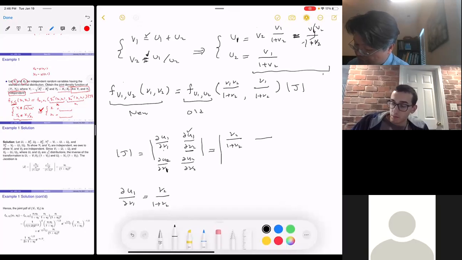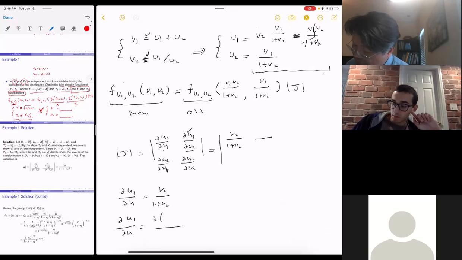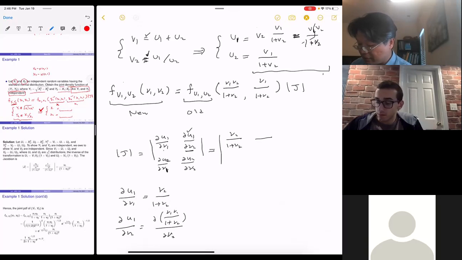right here. If I'm really working on partial U1 and partial V2, it is like a partial of V1, V2 divided by 1 plus V2 right here. Then partial V2 right here.